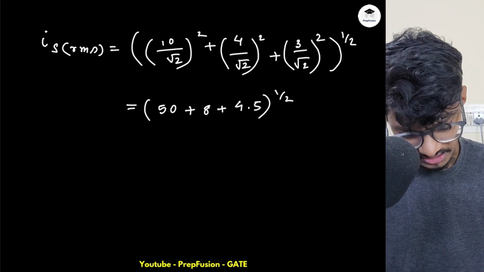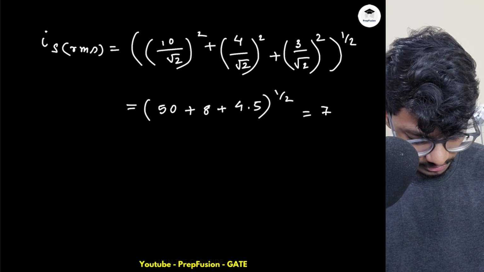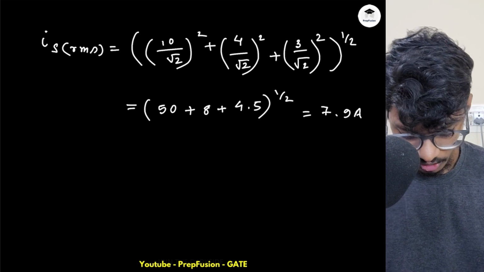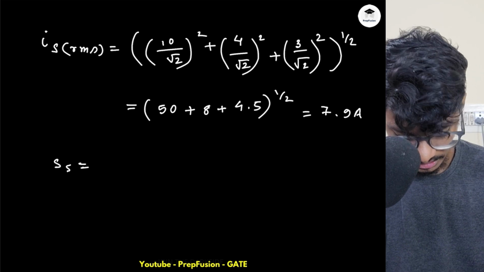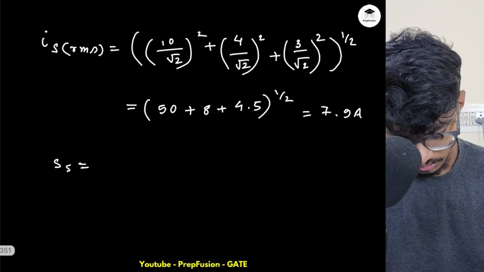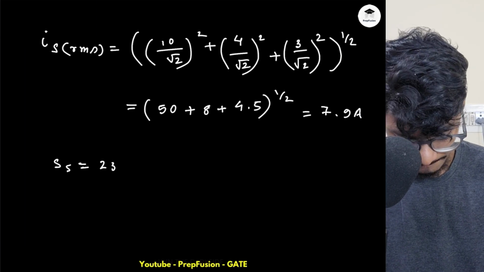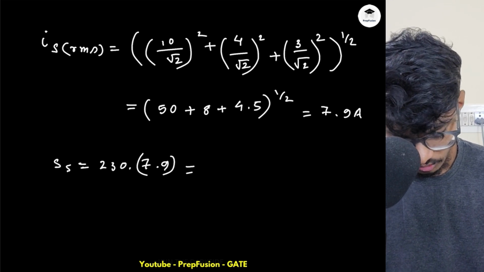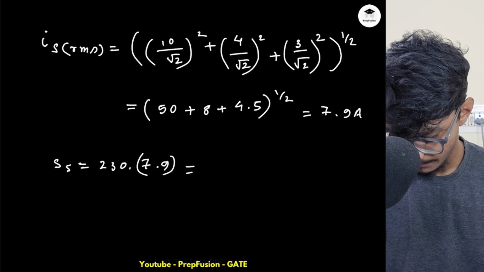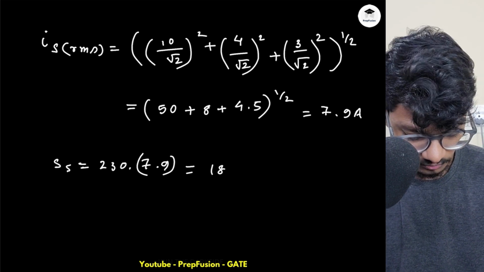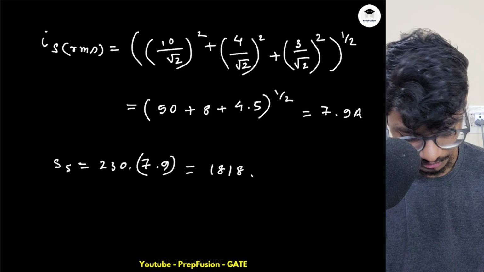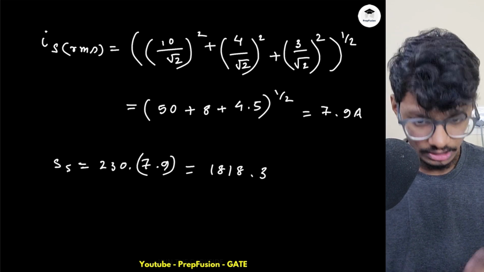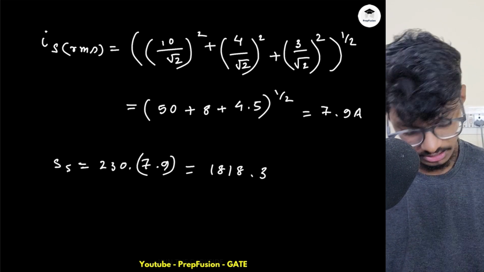This will be around 7.9 amperes. So what will be my S? It will be simply 230 into 7.9. I will get something around 1818.3.